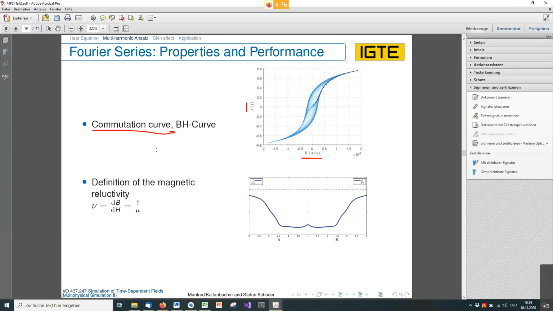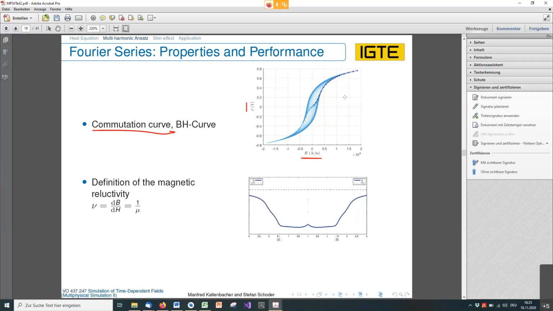I guess they are different from the losses due to the eddy current. Yes, because the eddy current losses depend on the resistance of the material in which the current is transported, and the hysteresis losses depend on the field vector of the magnetic field, which changes in its direction, and therefore makes these losses in the material.